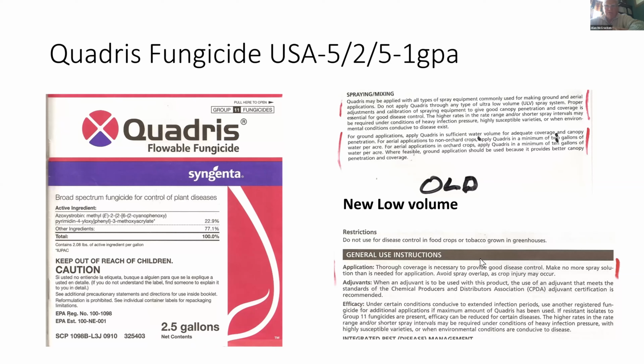I subsequently did more work and was able to prove that 1 gallon was better than 2. Very simple reasons. When they lower the spray volume, the product is more concentrated. We have less water, so there's going to be less evaporation, so we're going to have more product that hits the target.